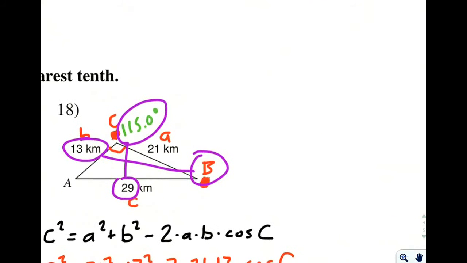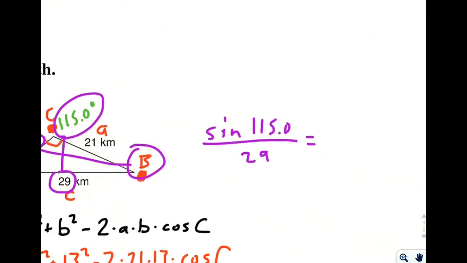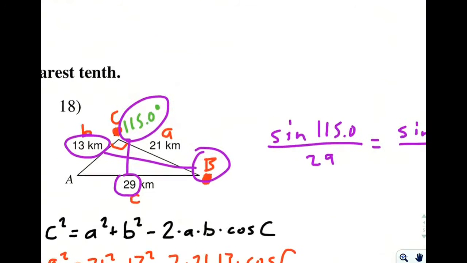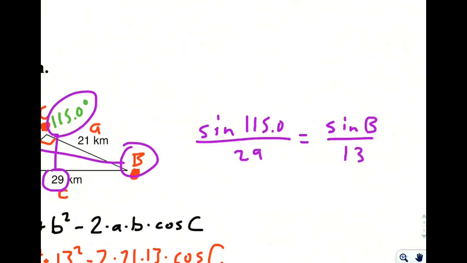I'm going to use law of sines because it's easier than law of cosines, and I have at least one pair of opposite sides. I have numbers. So sine of 115.0 divided by 29 is equal to the sine of b, which is unknown, over 13. So sine of 115 over 29 equals sine of b over 13. Law of sines says take the sine of the angle over the side length.